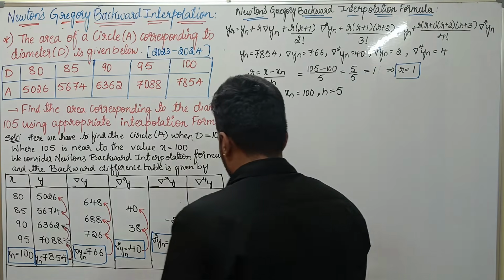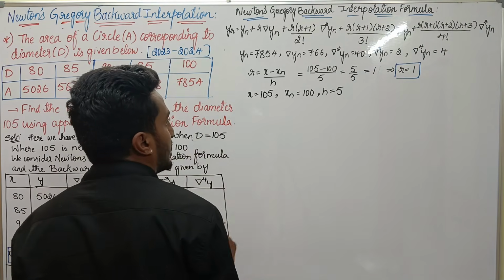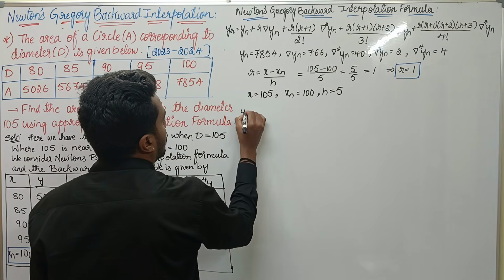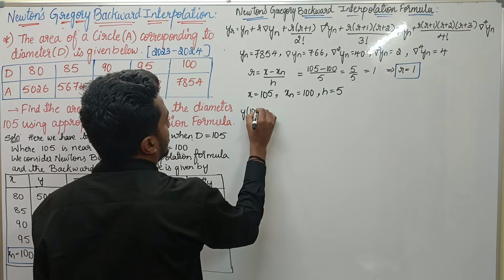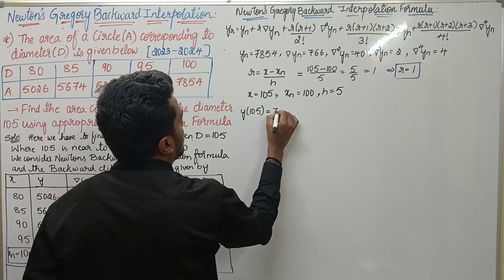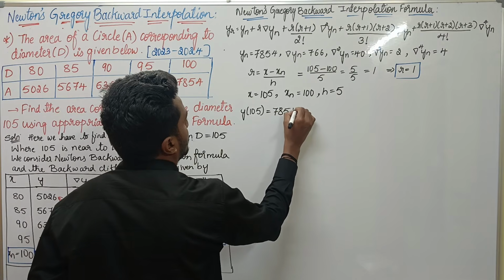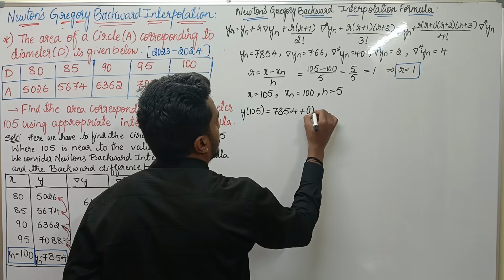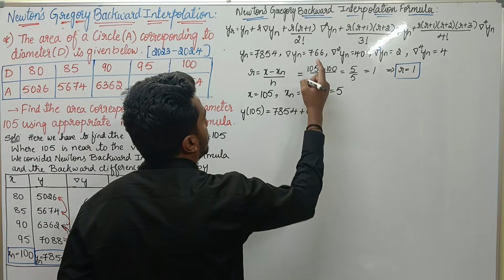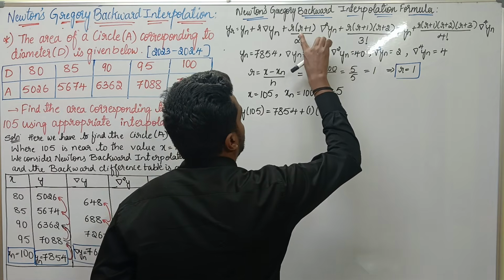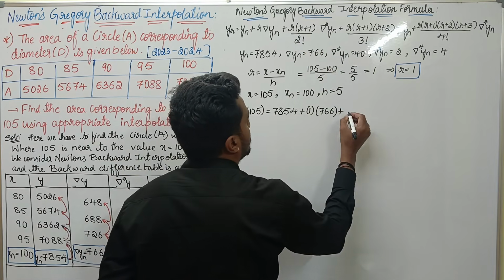Now let us substitute the values in the formula. y of 105, which is what I need to find, is equal to yn, 7854, plus r, that is 1, into backward of yn, 766, plus r into r plus 1 by 2 factorial.